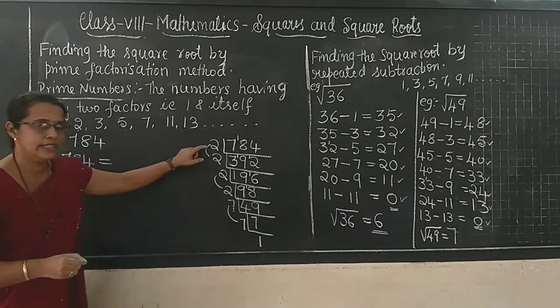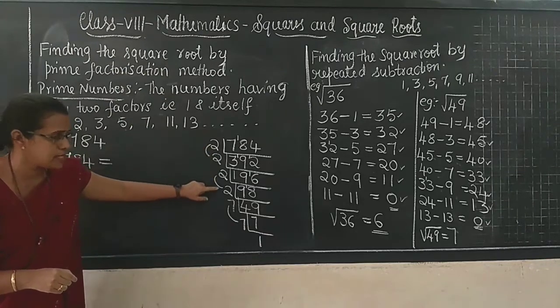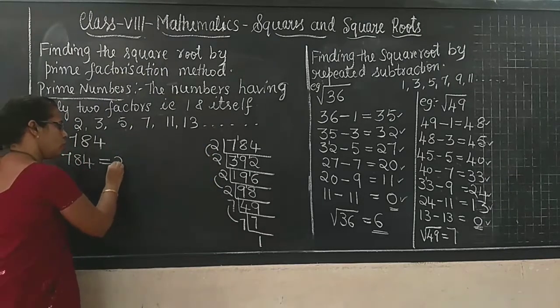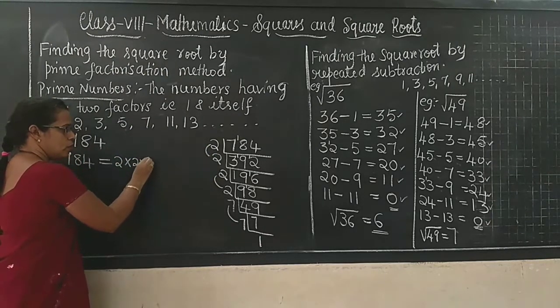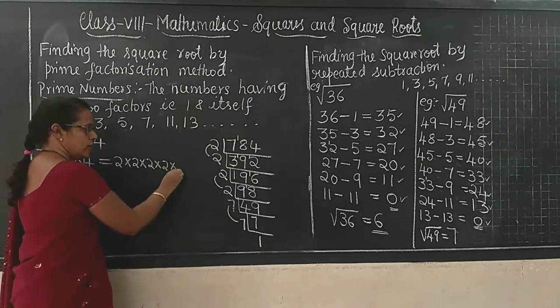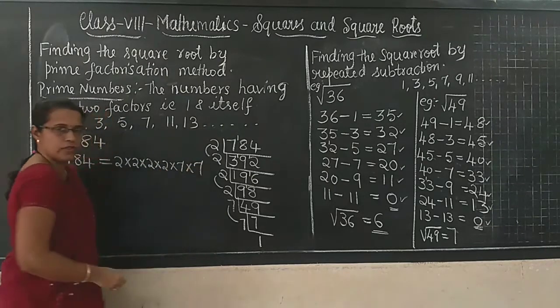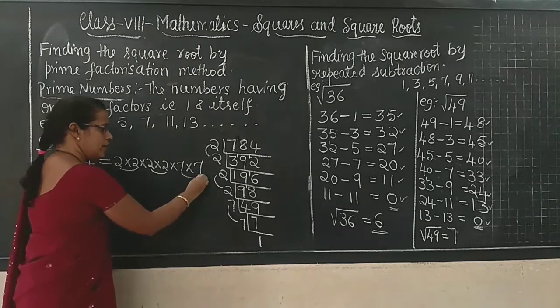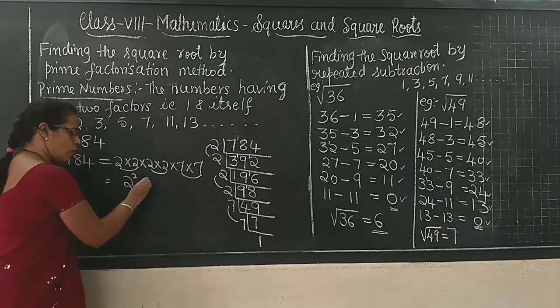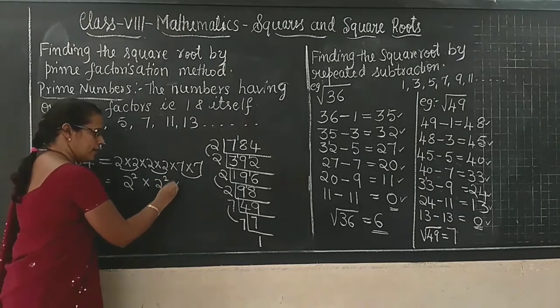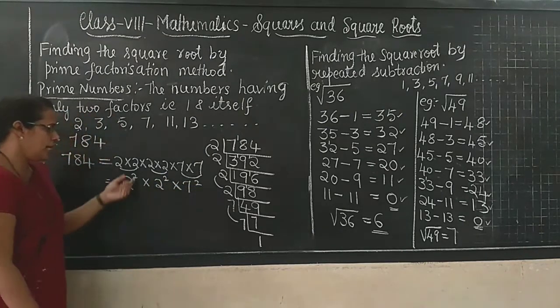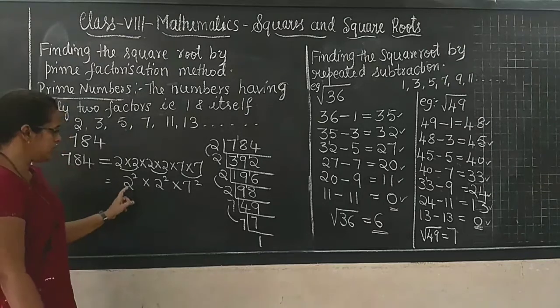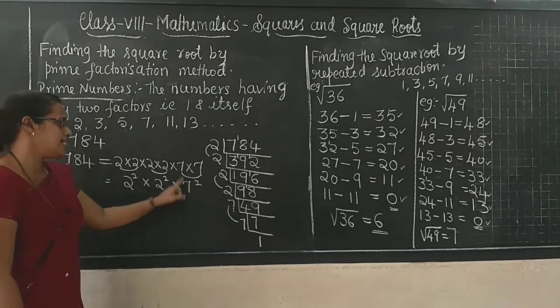We have to write how many times each factor is present: 2 into 2, 2 into 2, 7 into 7. So 2 two times, 2 two times, 7 two times. You write 2 square, 2 square, 7 square. All are pairs.